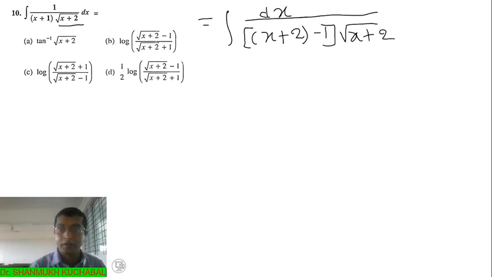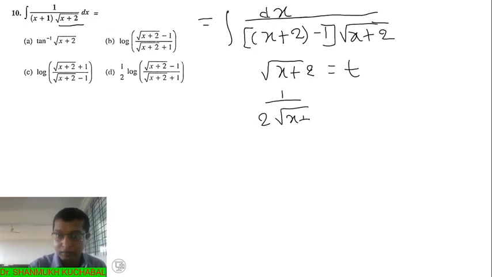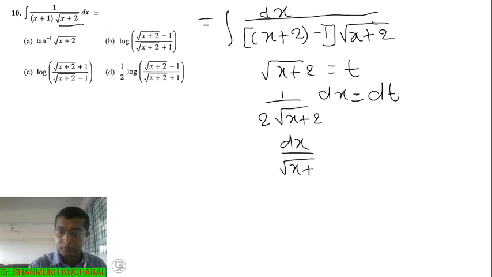So further we write root of x plus 2 as a new variable t. Differentiation of this is 1 upon 2 root x plus 2 into dx equal to dt, right? Now 2 is not there in the denominator. 2 we transport, so we get dx divided by root of x plus 2 equal to 2 times dt here. Okay.